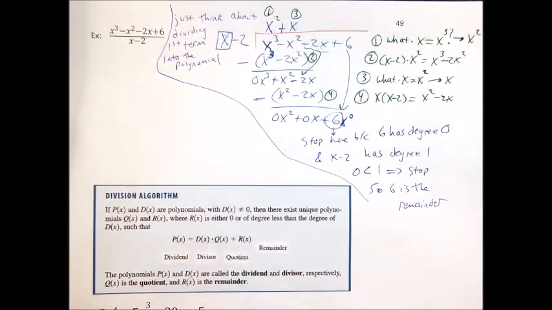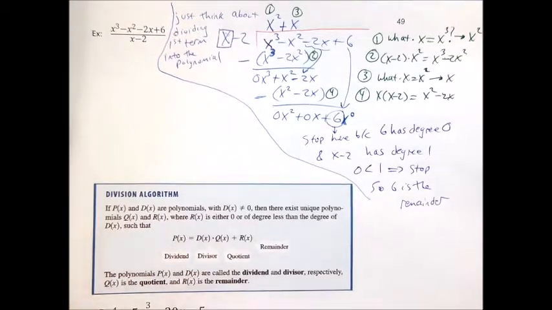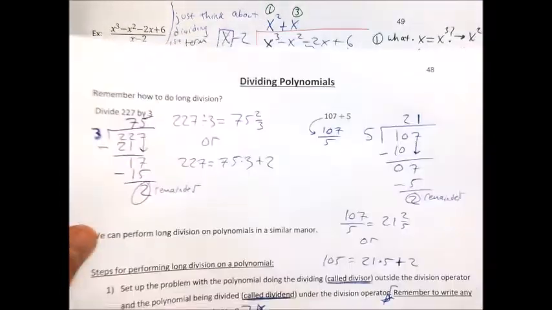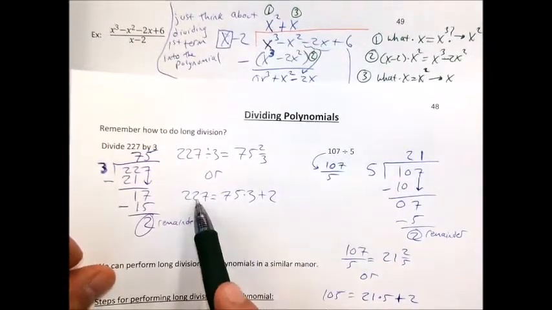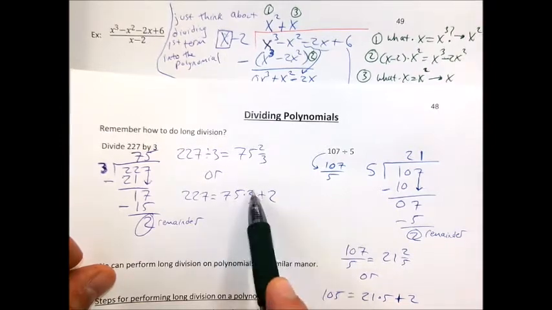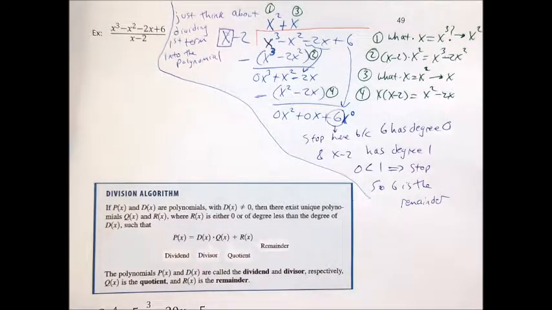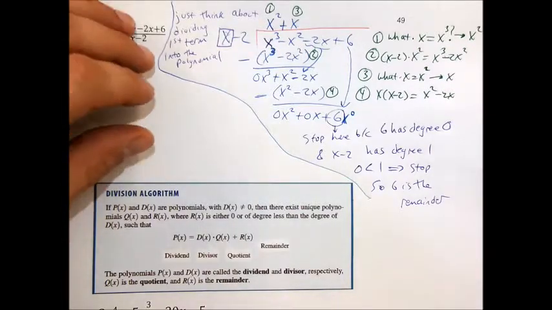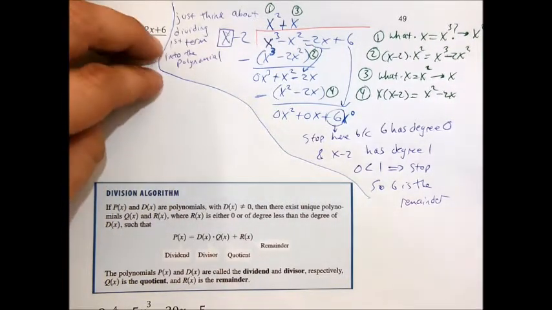This is the exact form that we wrote things down on the last page, like P equals D times Q plus R. And so we're doing the same thing again, and I'm going to write that down in that exact same form.